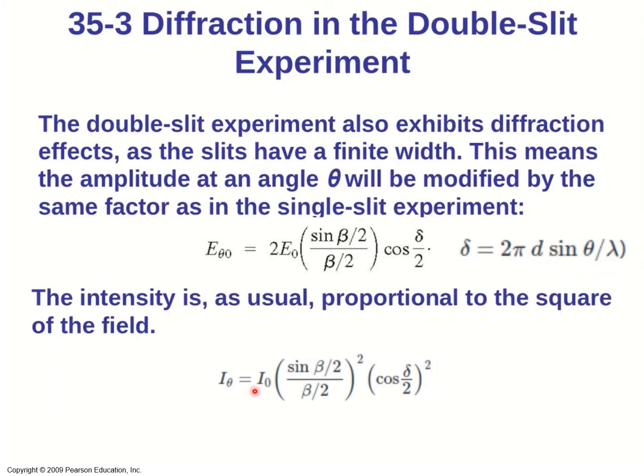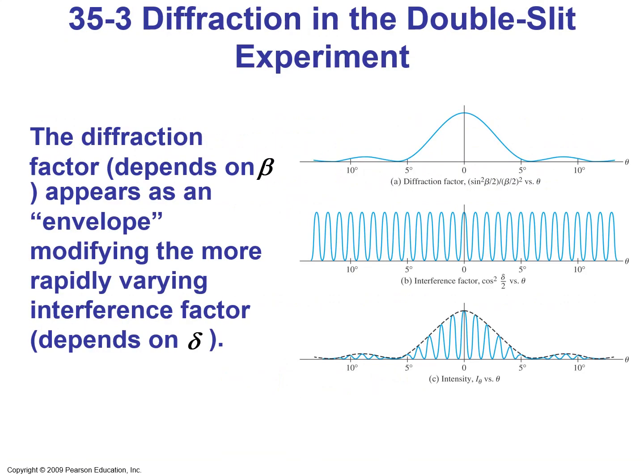The intensity is actually proportional to the square of the field, and it's equal to I naught multiplied by the quantity of sine beta half divided by beta over 2, squared, multiplied by cosine squared of delta half. The diffraction factor, which depends on beta, appears as an envelope modifying the more rapidly varying interference factor, which depends on little delta.